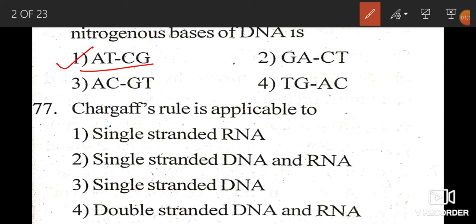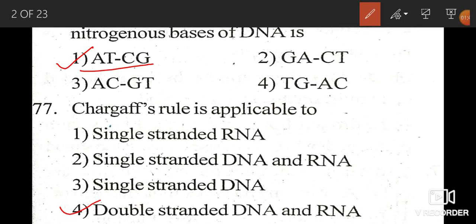Question number 77. Chargaff's rule is applicable to... The right option is the fourth one. According to Chargaff, purines and pyrimidines are equal.